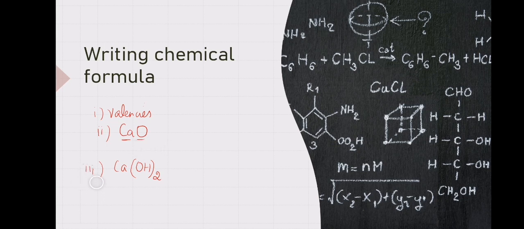And the third rule is that if a compound contains polyatomic ions, the ion should be enclosed inside a bracket. For example, calcium hydroxide. If the number of polyatomic ions is 1, then we need not write it inside a bracket. For example, in sodium hydroxide, hydroxide is a polyatomic ion, but since only 1 is present, we need not write it inside a bracket.